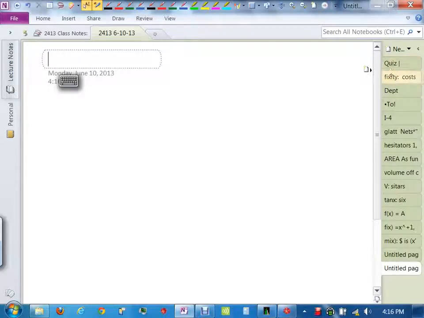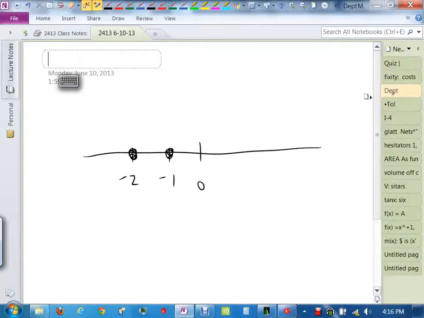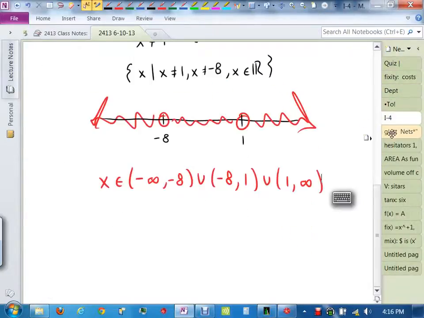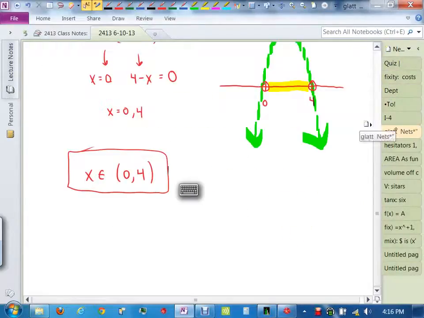So all the things I've been doing today, I will save as a PDF and put into our class. There will be a folder in there that says class PDFs. Not only will you have the typed-up notes, everything I write down will also be put out there. All right.